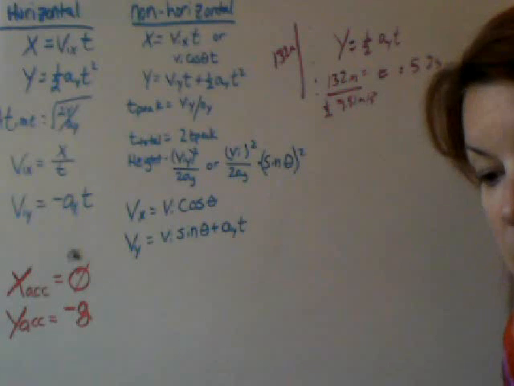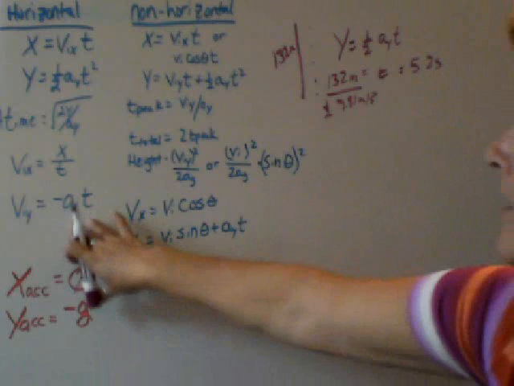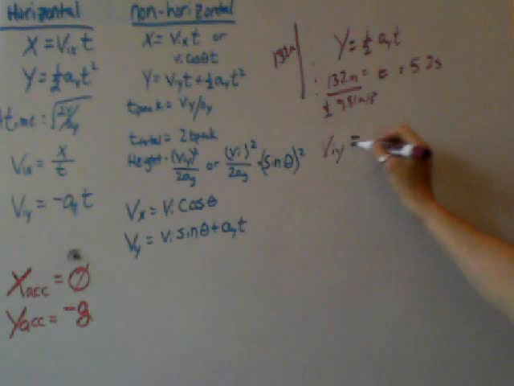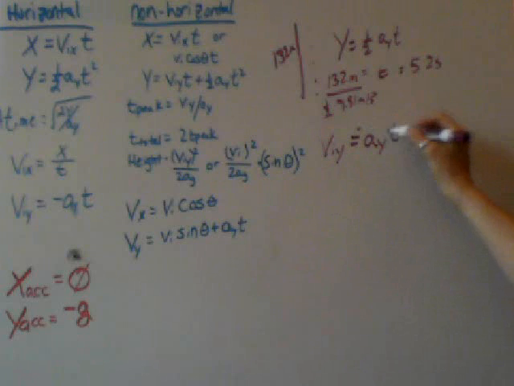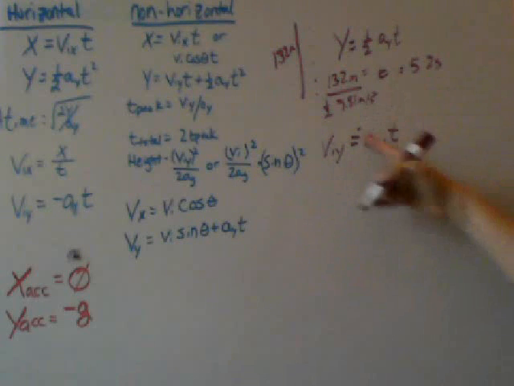The next question says, what is the impact velocity? So we want to know the velocity of the boulder in the y direction. So we look at our equation here, and it says velocity in the y direction equals the acceleration of gravity times time. So we plug in what we know.